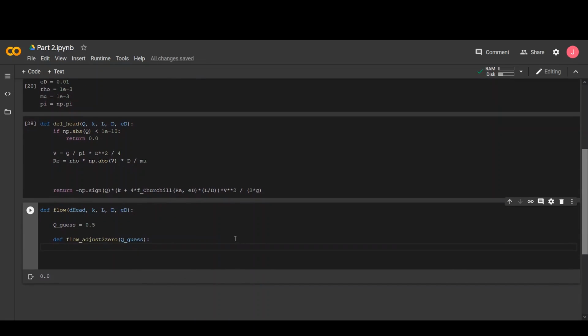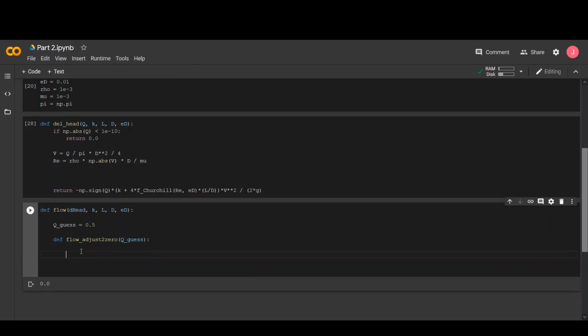So what's going to happen is we have our known delta head. Okay, so here's what we're actually going to have to do. I'm going to call that Q because we're going to use our function from up here, right?